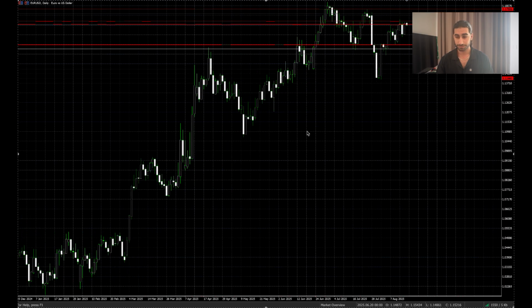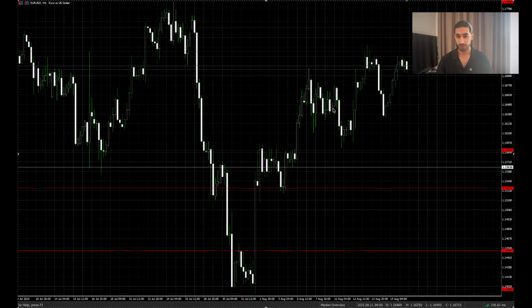Here you have a push to the upside, and we already marked our demand and supply levels. This is a demand level, so the price is pushing up from this level. Here you have, for example, a supply level, the price is pushing down, and now we have a push to the upside after this bearish push, right?